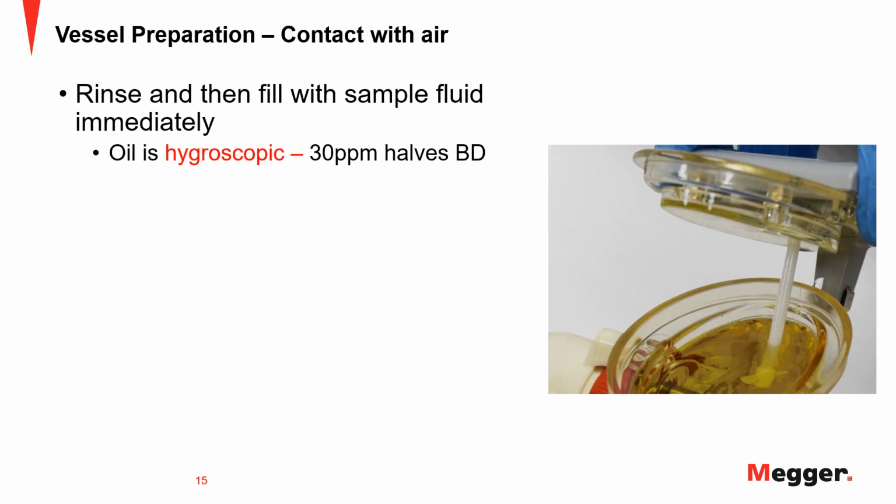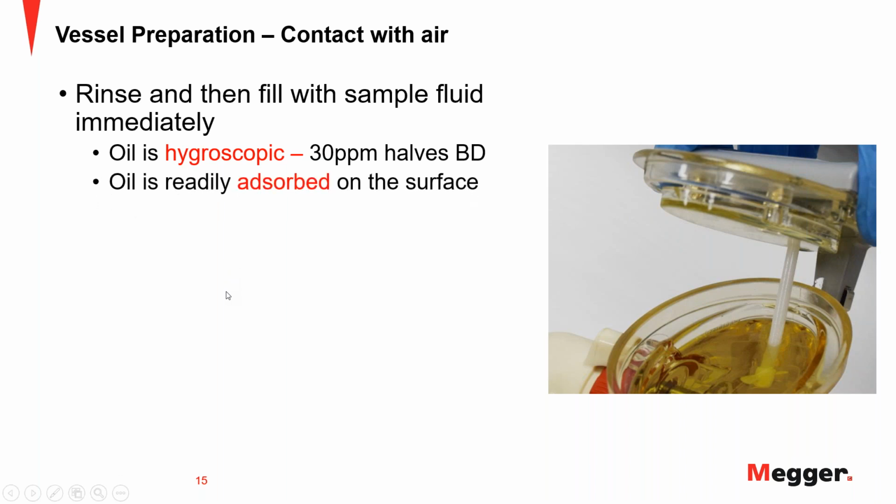It's part of its chemistry to continuously absorb moisture from air. So we need to make sure that we avoid or minimize contact with air. And the example shown there is 30 parts per million in terms of moisture contamination in your sample can actually halve the breakdown result that you're expecting. So it's very important to make sure that we minimize contact with air.